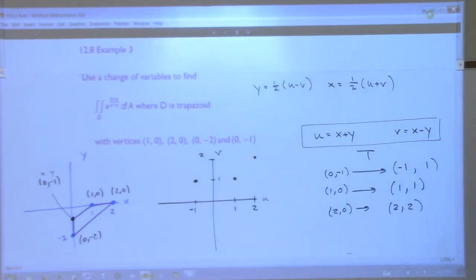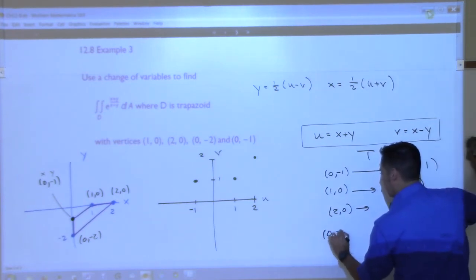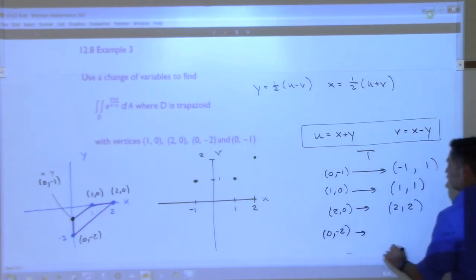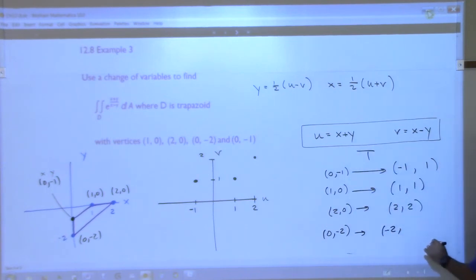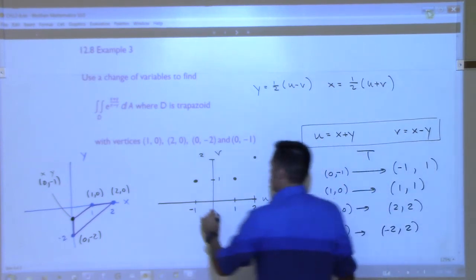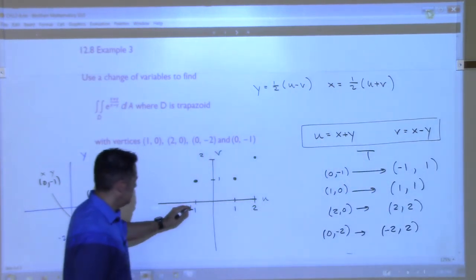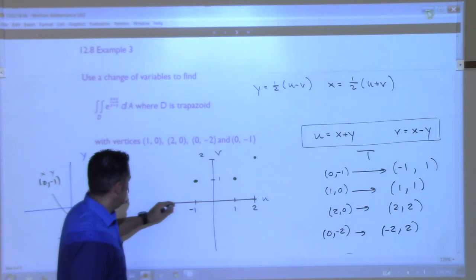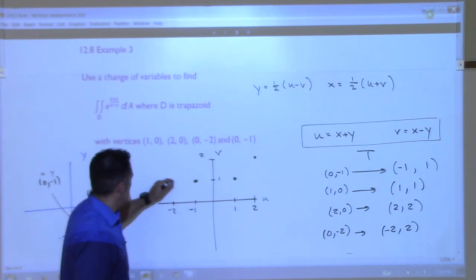It's not a box. And then where does 0, -2 go? So 0 here, -2 is -2, and then 2, -2, 2. Whoa, where is that? -2, 2.